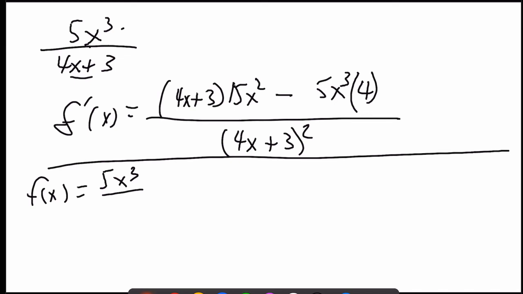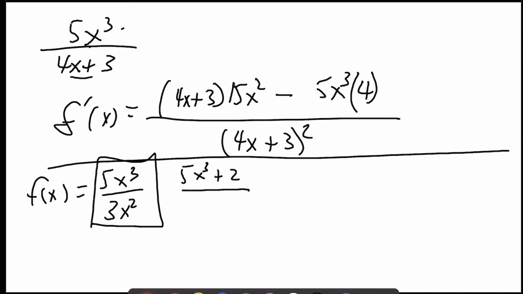If you put like 3x squared here, we can simplify that. That's 5/3 x. So if we go 5x cubed plus 2 over 3x, let's just do that one. What do we get?